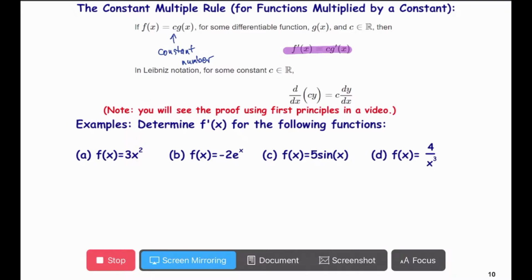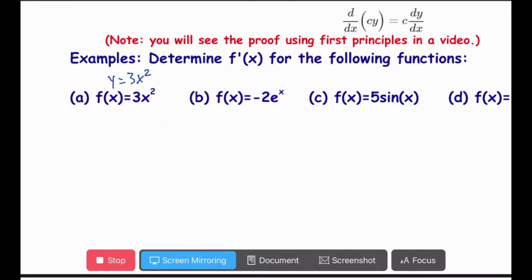In the first case, we are looking at f of x equals 3x squared, or we could represent that as y equals 3x squared. How are we going to do this? Well, let's work through our notation. We've seen that we can move the constant in front of our differentiation. So dy/dx is equal to 3 times d/dx of x squared.